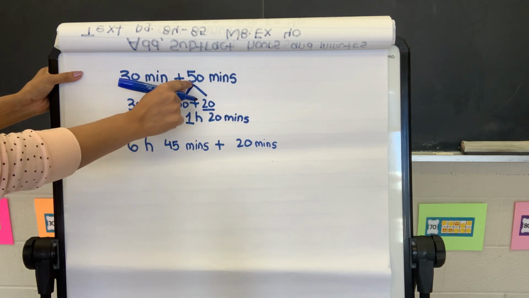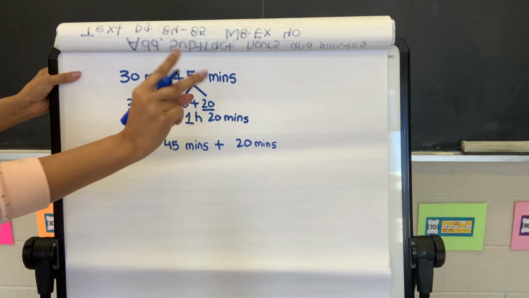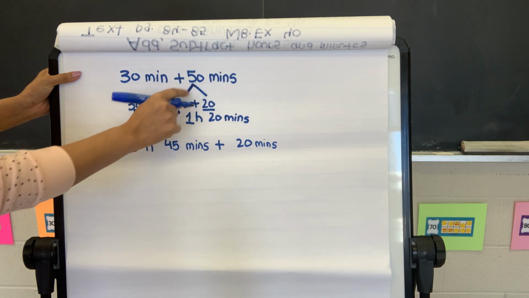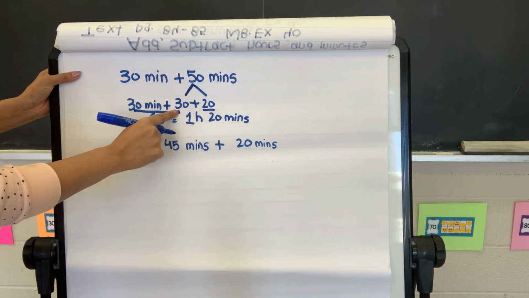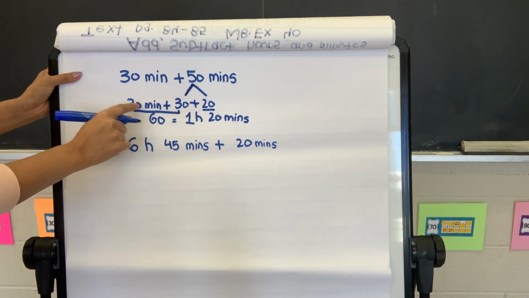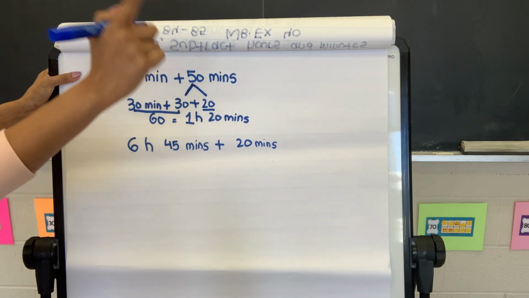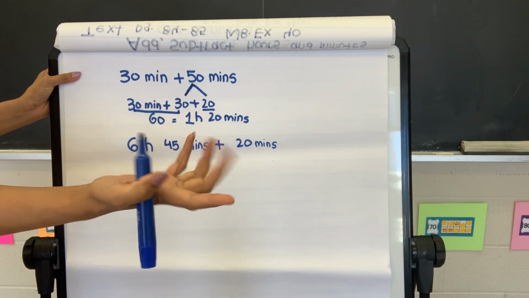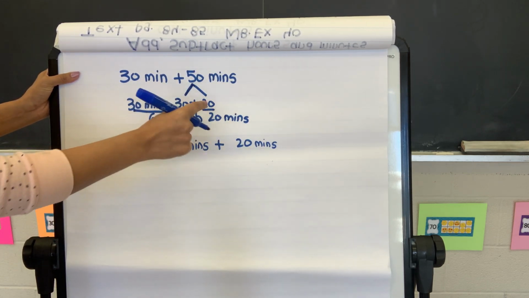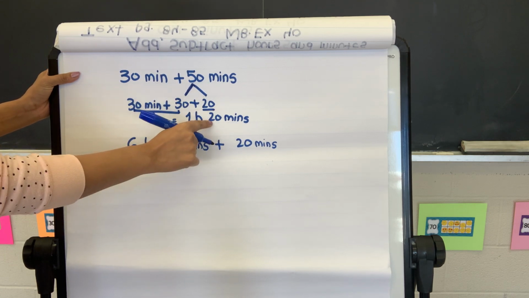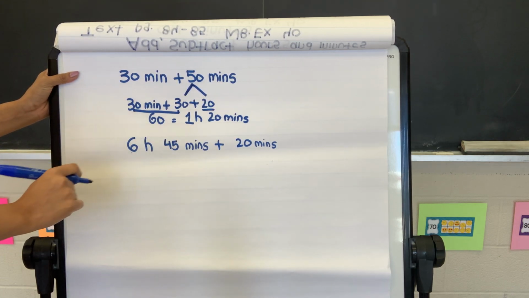So I divided up my 50 into 2 parts, and I borrowed 30 to make this one into 60, which gives me 1 hour. And that's much easier, right? So then I write down 1 hour, and look, I am only left with 20 minutes. So I quickly write that down here.